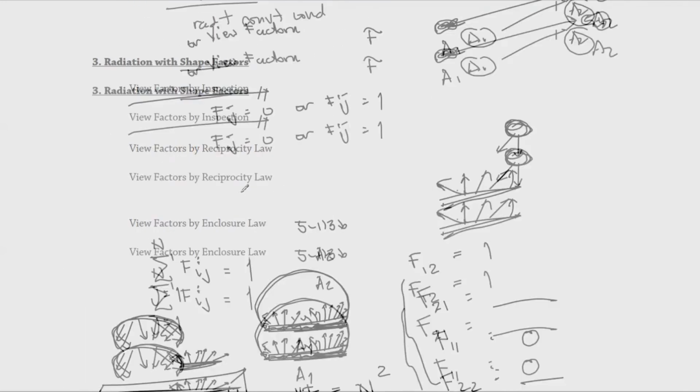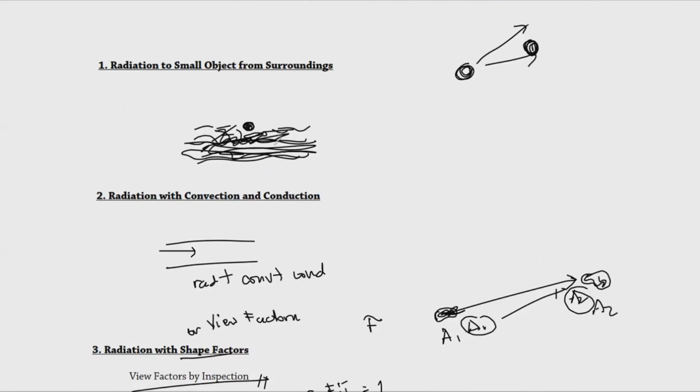But if the material is simply exposed to the surroundings and doesn't have anything in close contact with its area in consideration, we could say that that small object is experiencing radiation from the surroundings.